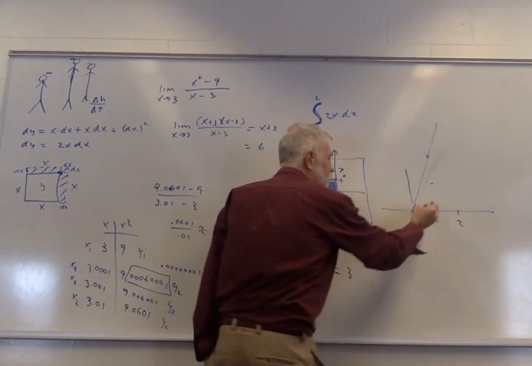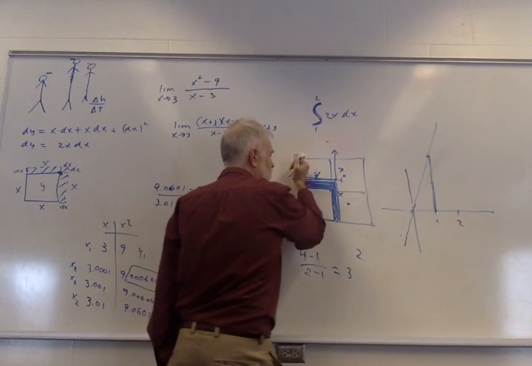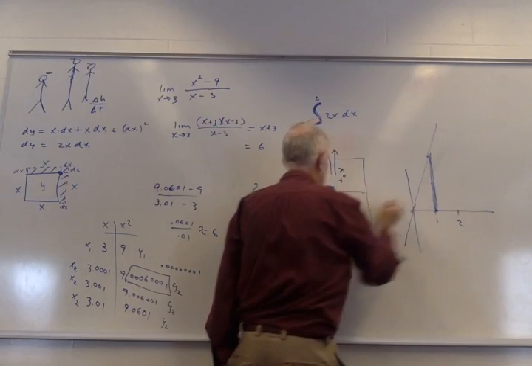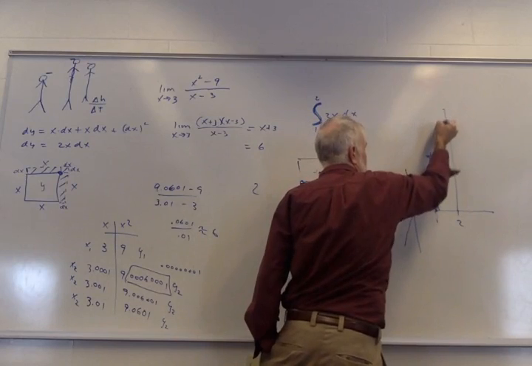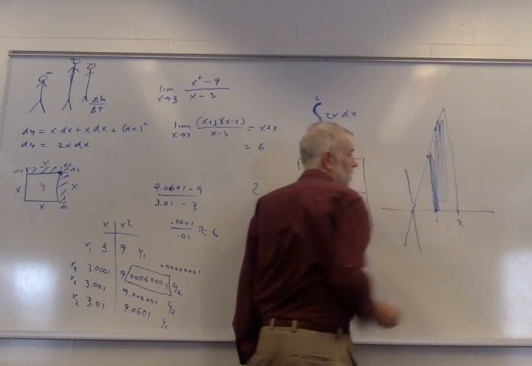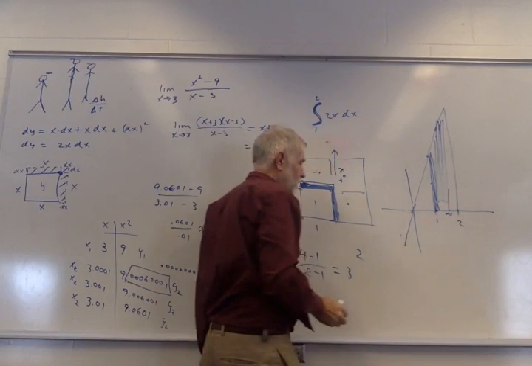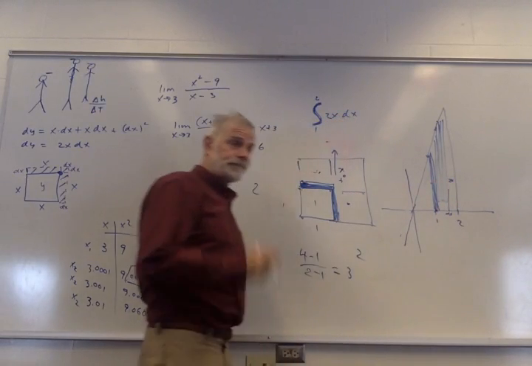All right, so I would get 1 unit, then the next one would be here, and then the next one, and so on and so forth, until I filled up from 1 to 2, where each of these widths I'm calling dx, and each of these heights I'm calling 2x.